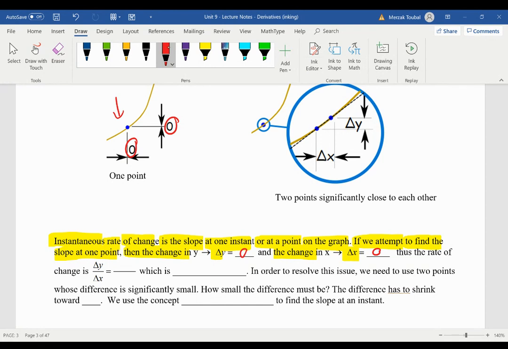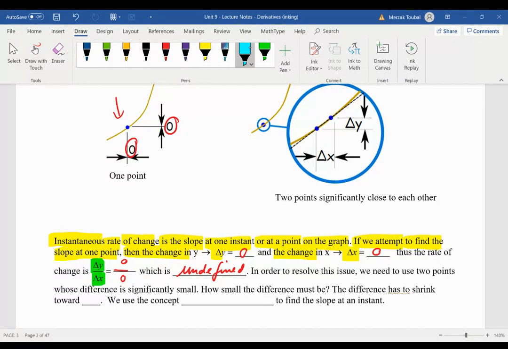So thus the rate of change is delta y over delta x, which is 0 over 0. And what is 0 over 0? It's undefined. So it means we failed to find the slope at an instant so far, because 0 over 0 is undefined, because dividing by 0 is not possible.